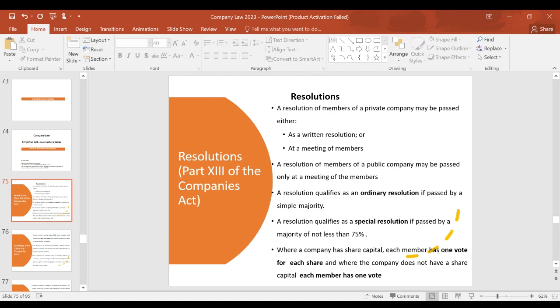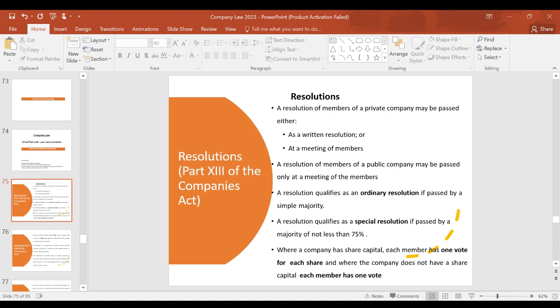However, with private companies, a written resolution can also be deemed a good resolution. And of course, this is because of the way private companies are run. Sometimes you may find that the owners of the company are also the directors of that particular company. So a written resolution may still suffice.